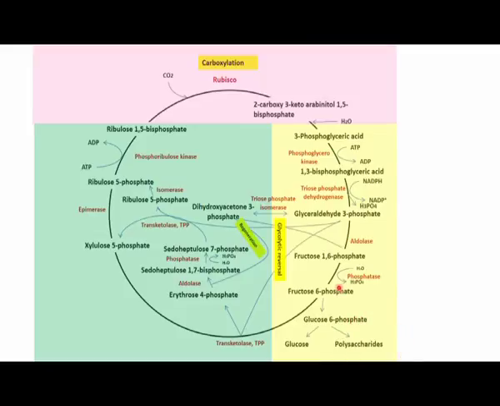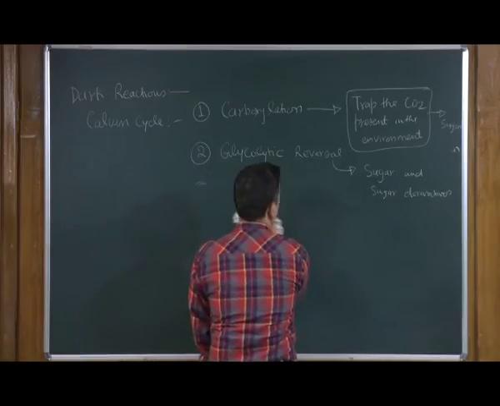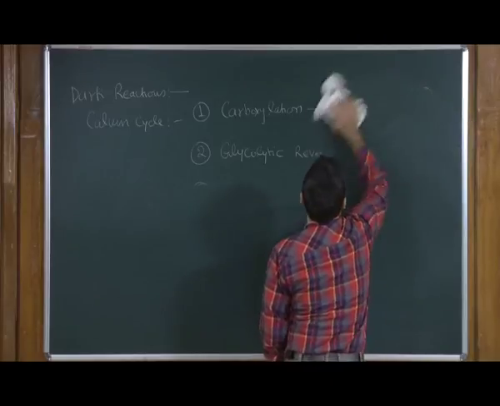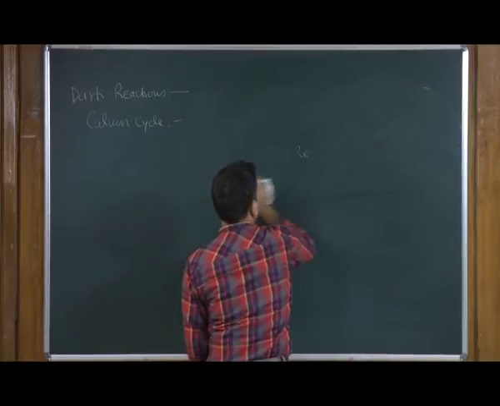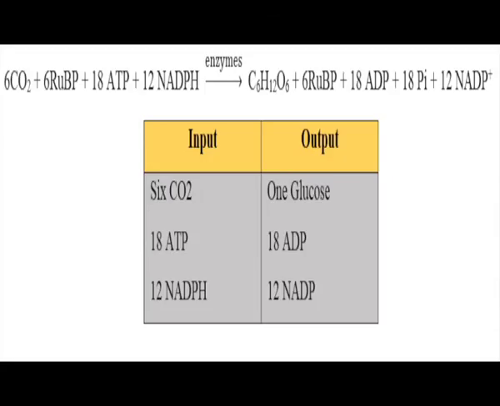So, if I show you the complete reaction mechanism and what products are being formed during this complete process of the C3 cycle, you have the following output. If you take this cycle and go for the sixth round, you are going to assimilate 6 carbon dioxide molecules.